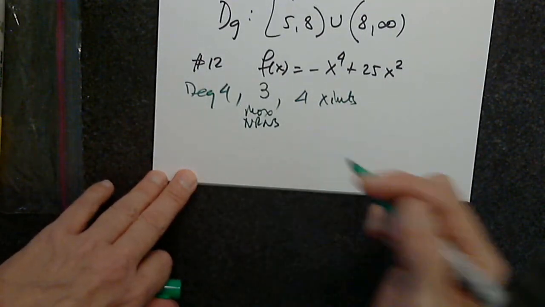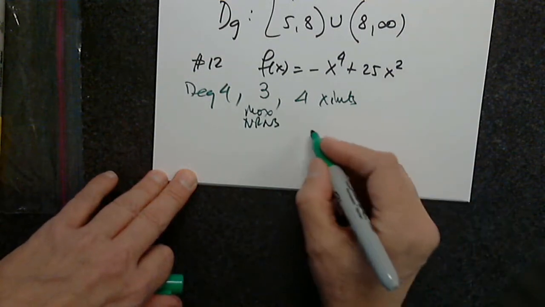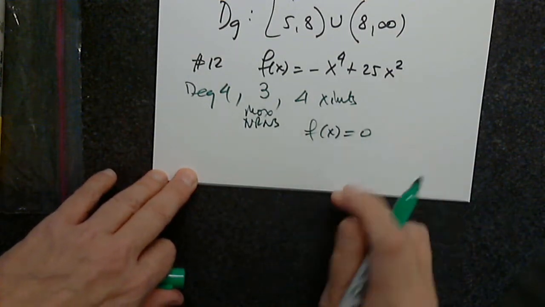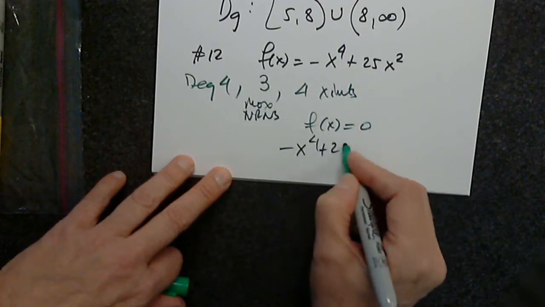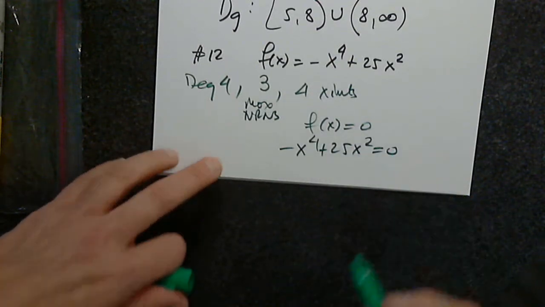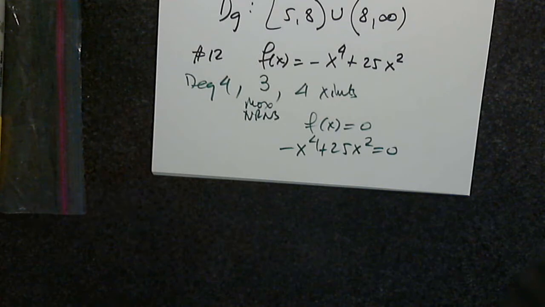So let's find them right away before we start the table. The x-intercepts are determined when f of x is 0. Negative x to the 4th plus 25x squared equals 0. You know what I am going to do next. Divide by negative 1, or multiply by negative 1, but not divide by x squared, correct? Be careful.